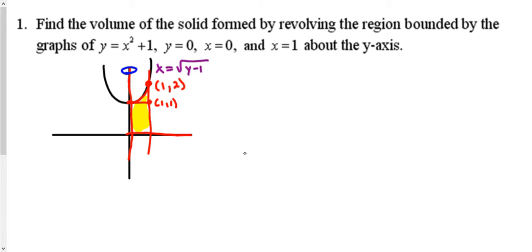So we're going to have to set up two separate intervals. First, we're going to integrate from 0 to 1. And all we have to do, it's going to be pi, right? Because we're going to have circles that have a radius of this line right here, and then they're going to go around like that. And this part right here is just going to be a cylinder.